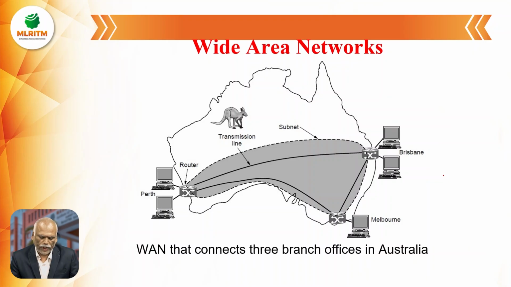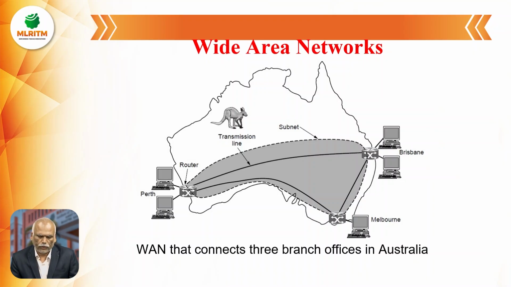For example, in a wide area network, communication happens between different cities of a nation. Every city has one router to which all the networks of that city get connected. Between router and router, a subnet link is established, like a transmission line. These three routers are located at distant places: one router at Perth, one at Brisbane, one at Melbourne.